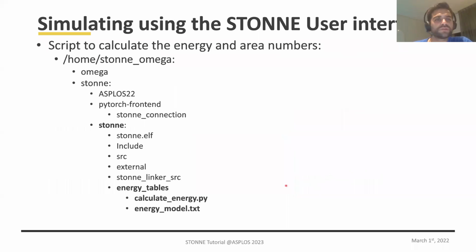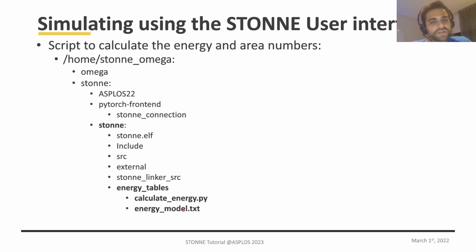And how does it work? Well, here in the STONNE folder, we have the energy tables folder. And in this folder, there are two files. One is calculate_energy.py, which is a script that automatically takes care of everything and calculates the energy consumption for every simulation.